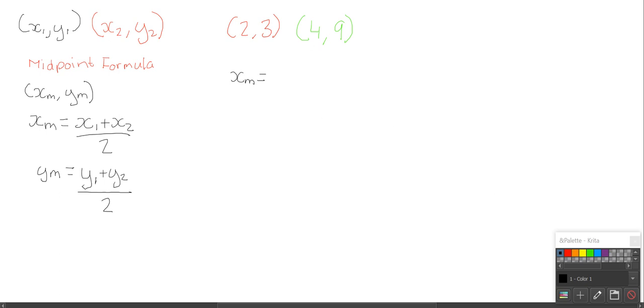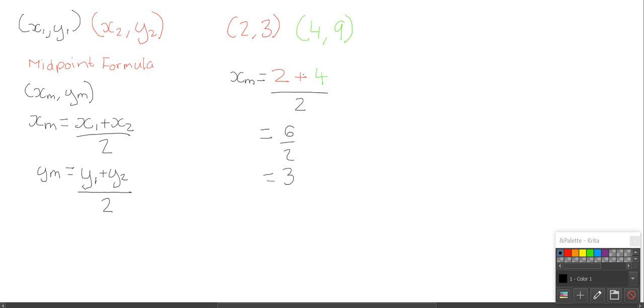So we're going to go x1, which is 2, plus x2 in green, which is 4, and we are going to divide by how many points we're adding together because we're basically finding a mean here. Divide that by 2. Okay, so 2 plus 4 gives me 6. 6 divided by 2 is equal to 3.